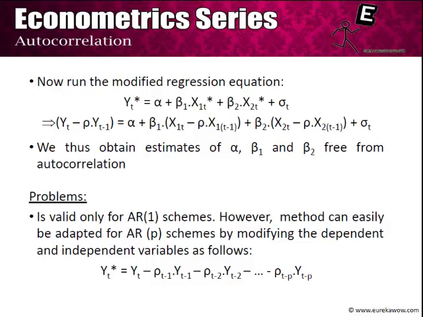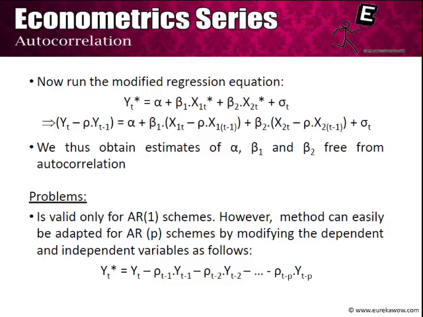Now we run the modified regression equation such as yt star equal to alpha plus beta 1 x1t star plus beta 2 x2t star plus sigma t, like we have previously done for the first difference method. In this way, we obtain estimates of alpha, beta 1 and beta 2 which are free from autocorrelation.